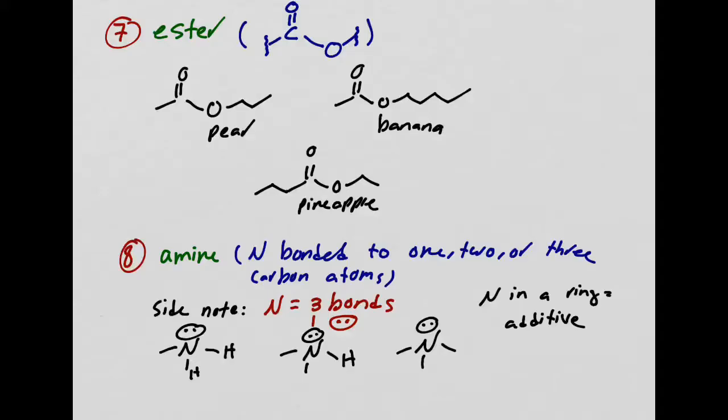Next one is going to be amide. So, amide has, take a huge guess, carbon double bonded to oxygen. One side is attached to the carbon, the other one is attached to a nitrogen.